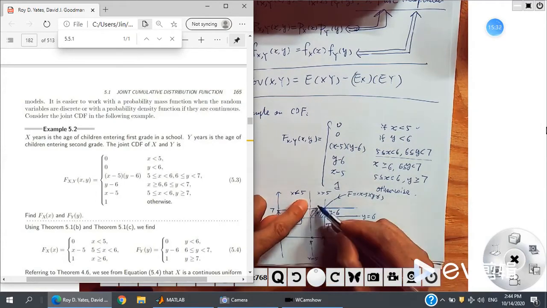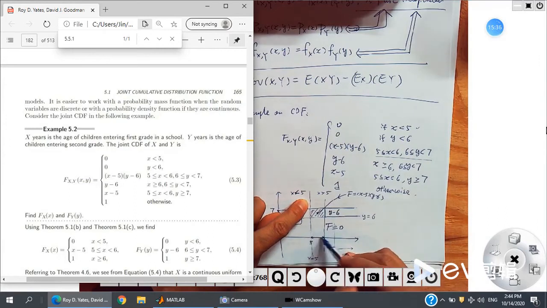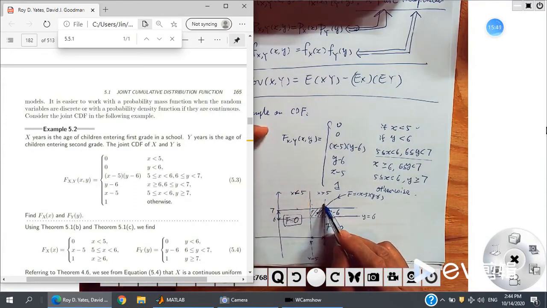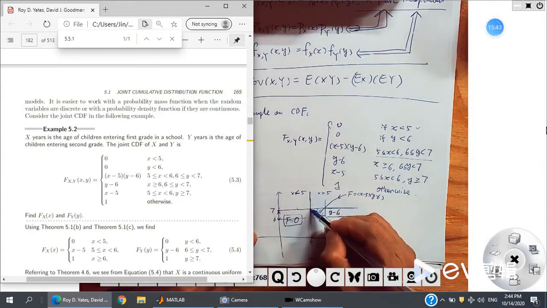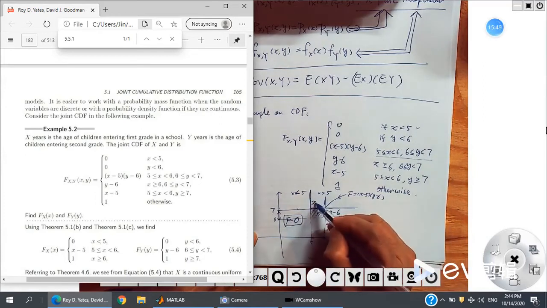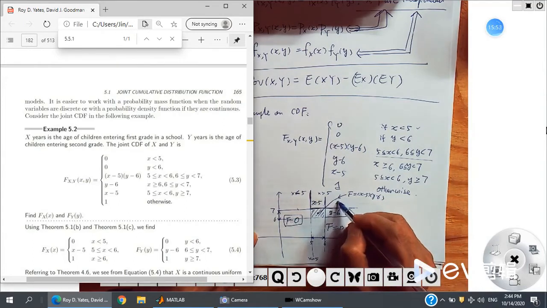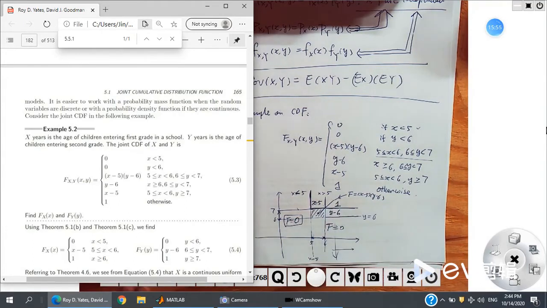And this part, x is between 5 and 6, and y should be larger than 7. So it is here, and here it is x minus 5. Otherwise, only here, this is 1.